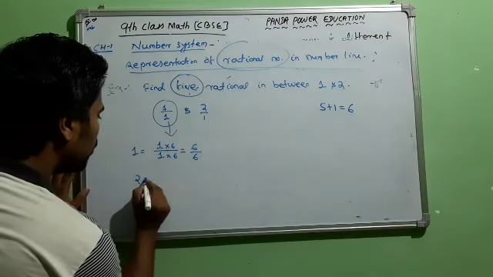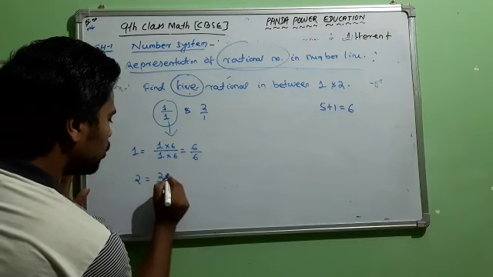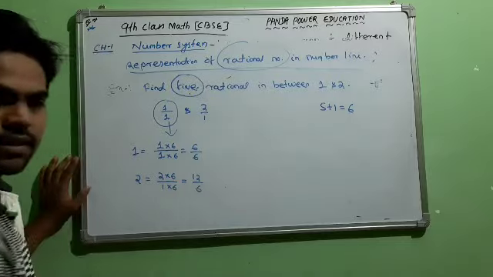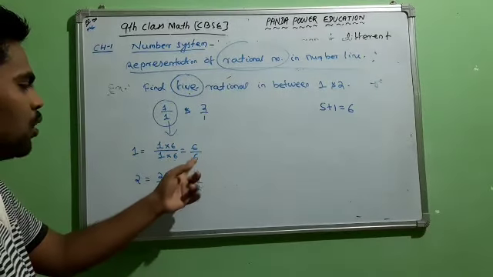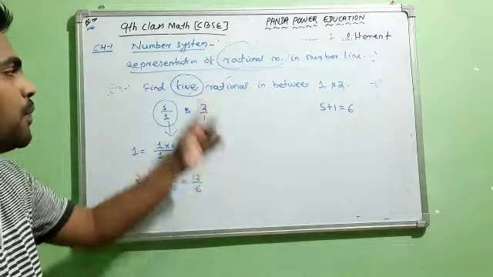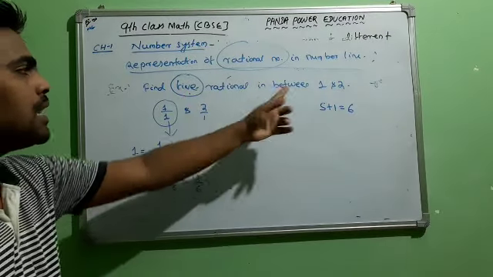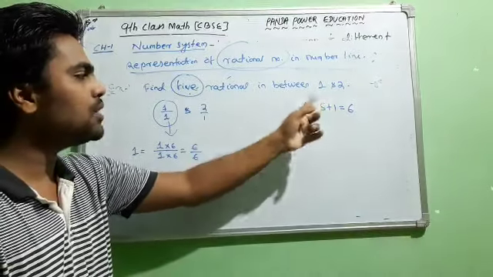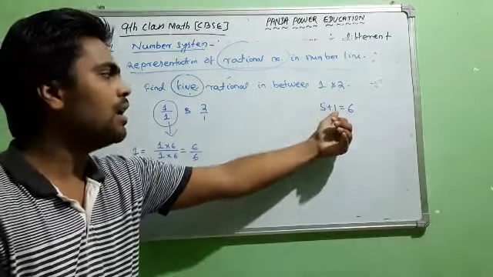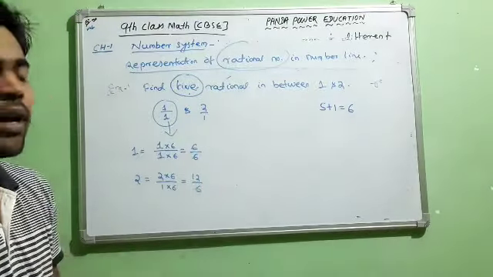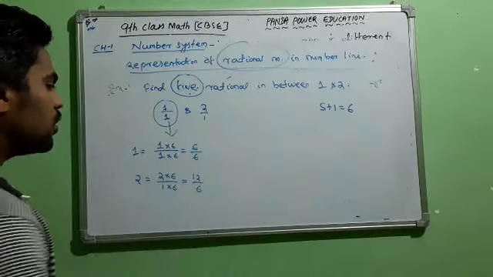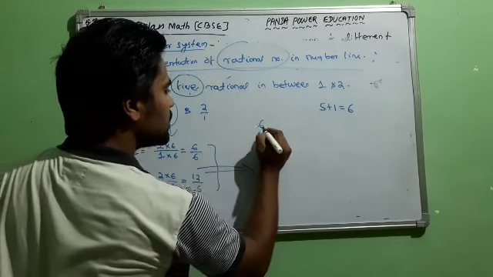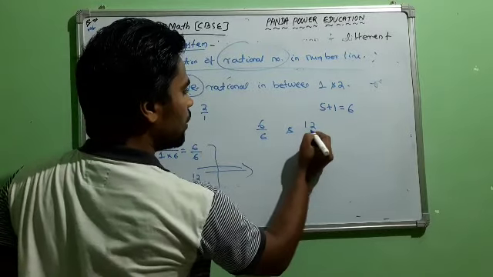Then 2 can be written as 2 into 6 divided by 1 into 6, that means 12 divided by 6. I can convert into 6 as the denominator because 5 rational numbers are given in between them. You always add 1 to the number asked, then make the denominator that number, 6. So now I can write 6 by 6 here and 12 by 6.